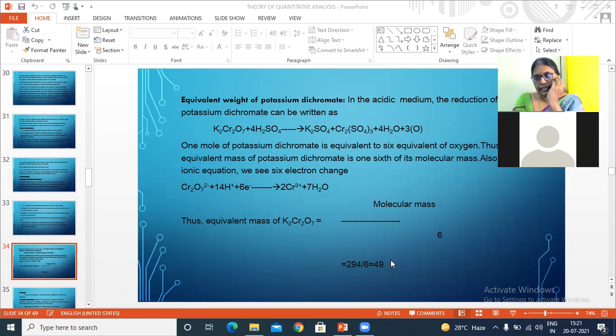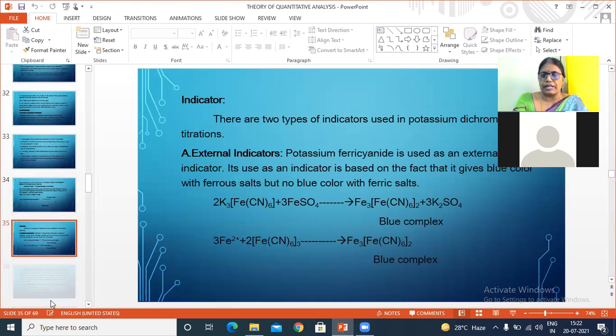Generally, there are only two terms we can use: molarity or normality. For molarity, we know already, weight by molecular weight gives the number of moles. But for normality, we have to use mass by equivalent weight, the weight of the substance by its equivalent weight, not the molecular mass. So we have to know how to calculate the equivalent weight.